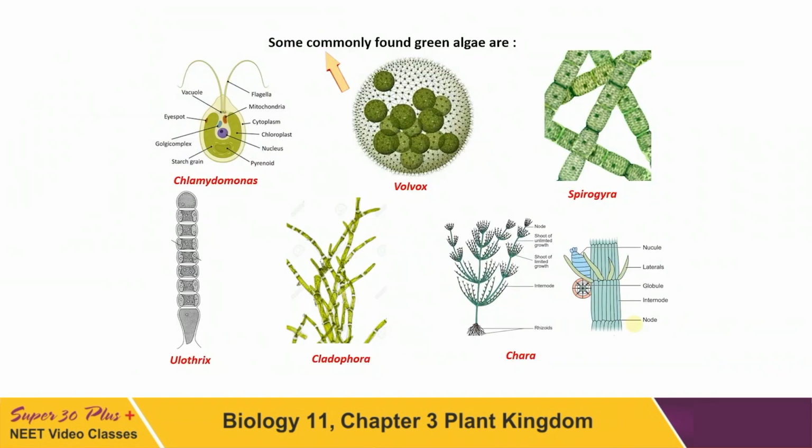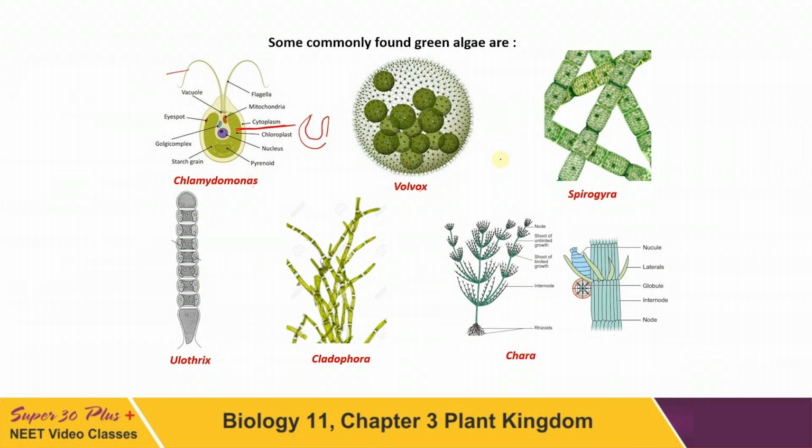Some of the typical or commonly found green algae, at least you have to remember these. This is Chlamydomonas. This is unicellular and has flagella, that's why this is a motile one. See the chloroplast, this chloroplast is C-shaped. This is Volvox.